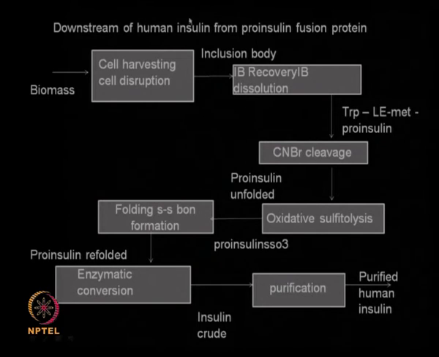So, we break the cells so that the intracellular product comes out, and then you perform certain enzymatic reactions which refold your protein and make it very active, and then finally you purify your product. This is what is called the purification step. So, all these are the downstream steps here once you start collecting your cells.